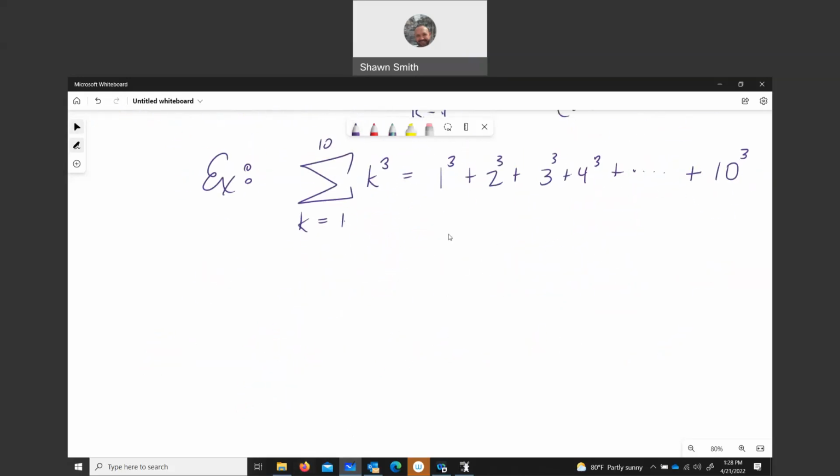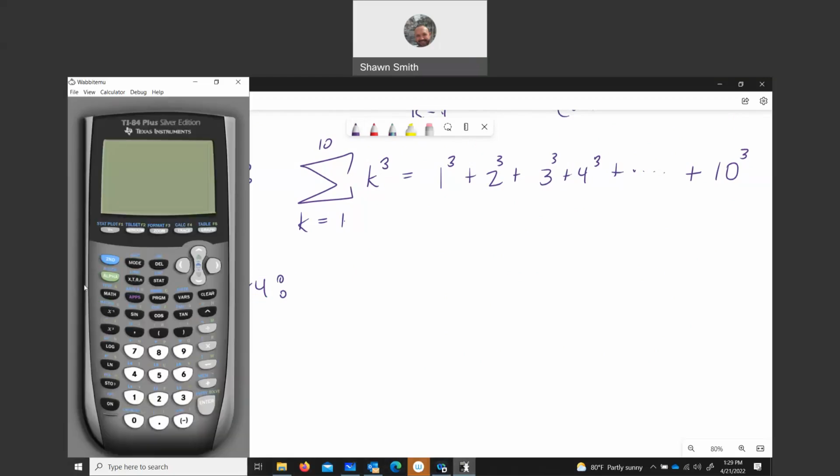In the calculator. Now, if you've got the TI-84 calculator, you have an advantage over those that have the 83. So with the TI-84, all you have to do is turn it on first, hit the math button, scroll down, and you see summation with the Greek letter sigma.